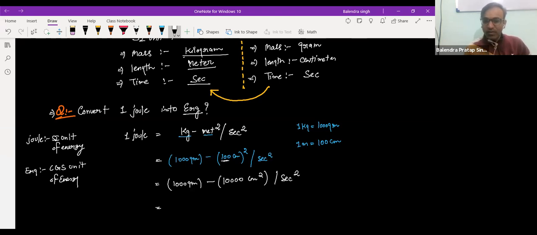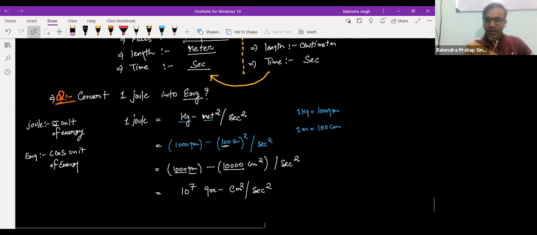Basically 4 here and 3 here, so total 7. So I can write 10 raised to the power 7, and the unit is gram centimeter square per second square. Okay, is it clear? Or do you have any doubt? No, sir. Clear.